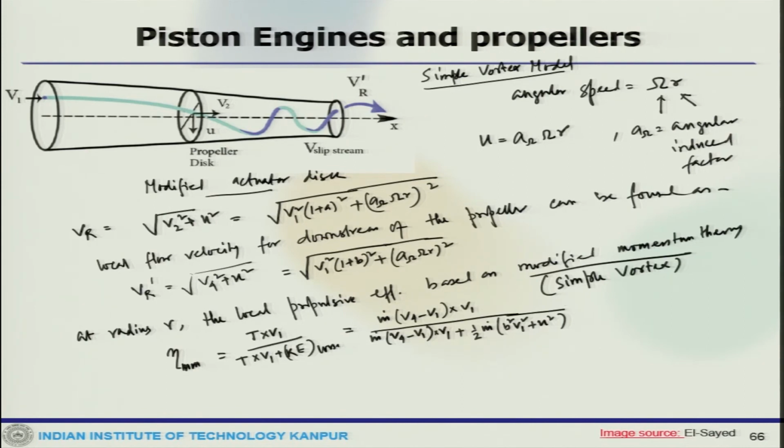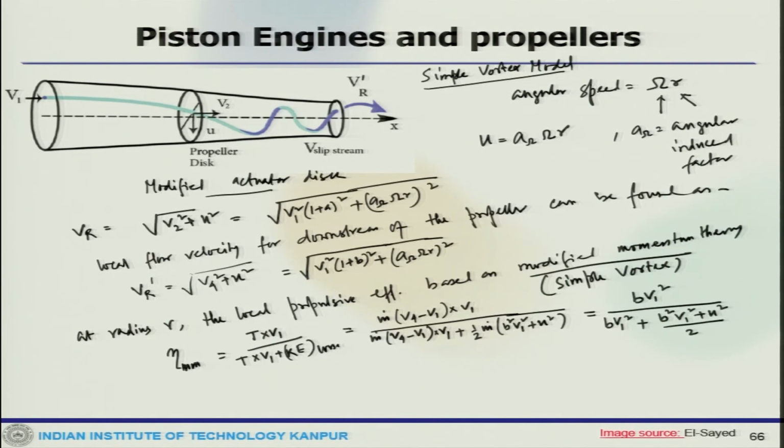Okay. So, this one can be further simplified, and one can write this as b V1 square. So, you can do this math, b V1 square plus b square V1 square plus u square by 2.